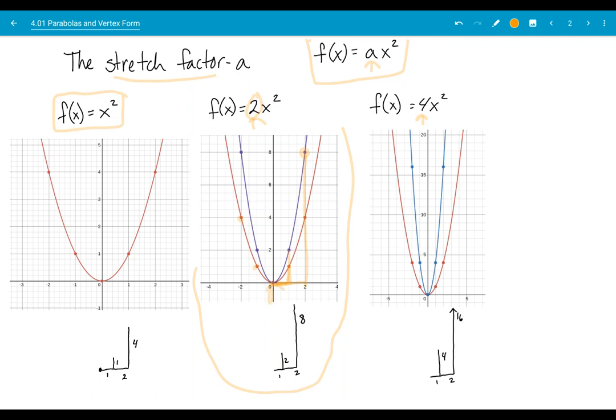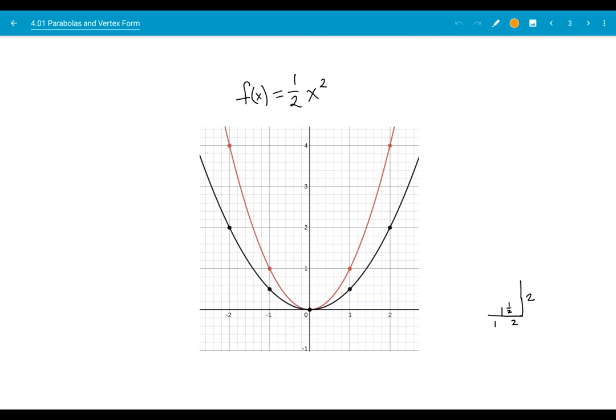Now, 4x squared does the same thing. I go over 1, and instead of going up 1, I'm going to go up 4. And instead of going over 2 and up 4, 4 times 4 takes me all the way up to 16. So you can see how the stretch factor makes it much skinnier and much closer to the y-axis as well.